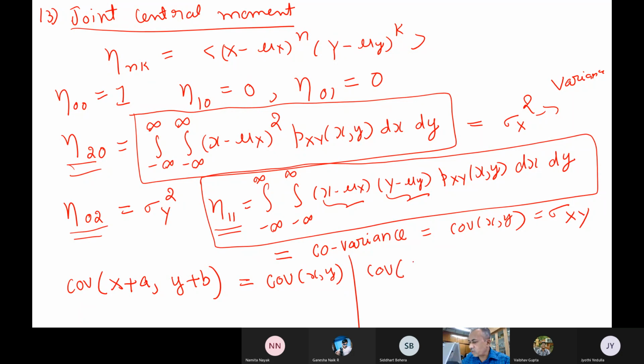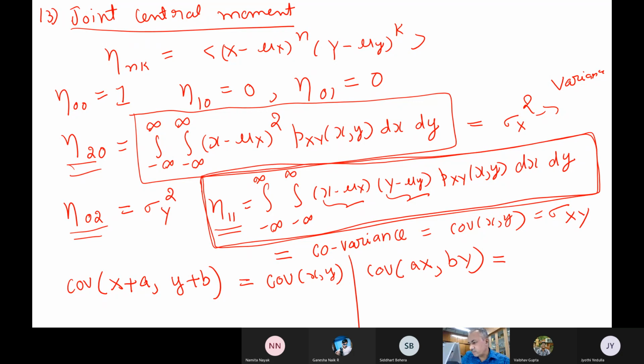By this integral, suppose I multiply x by a and y by b. Now what happens to covariance? Instead of adding, I have multiplied the whole x-axis by some constant a and y by b. Look at this integral and tell me. It's very simple.